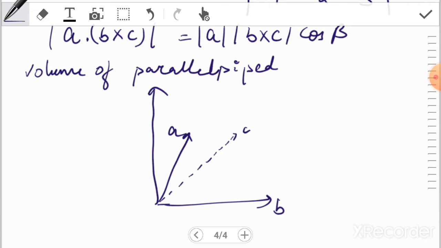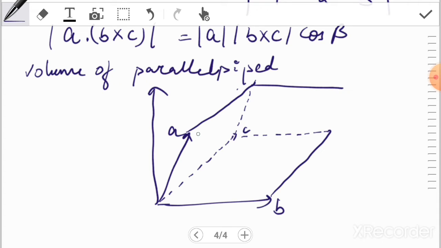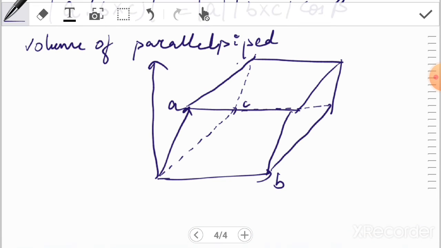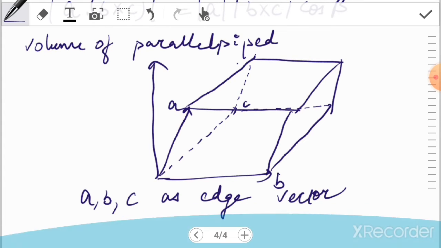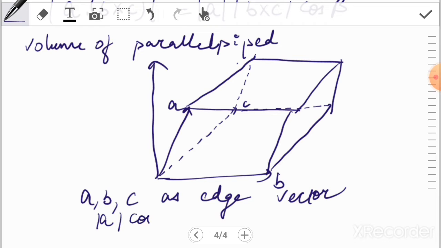Then let us draw a parallelepiped with A, B, C as edge vectors, where A cos beta represents the height h.